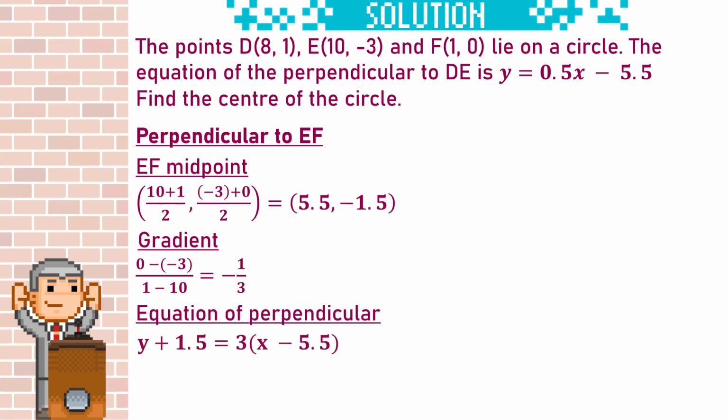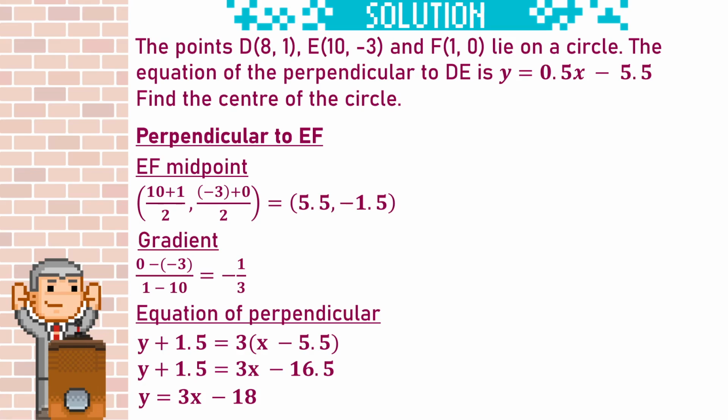So our m will be 3, and then our x coordinate is 5.5, which will be minus 5.5. And our y coordinate is minus 1.5, which will turn into a plus 1.5 because it's y minus the y coordinate. So we're going to expand the brackets next, so 3x minus 16.5, and then we're going to take away that 1.5 both sides. So we've got y equals 3x minus 18.